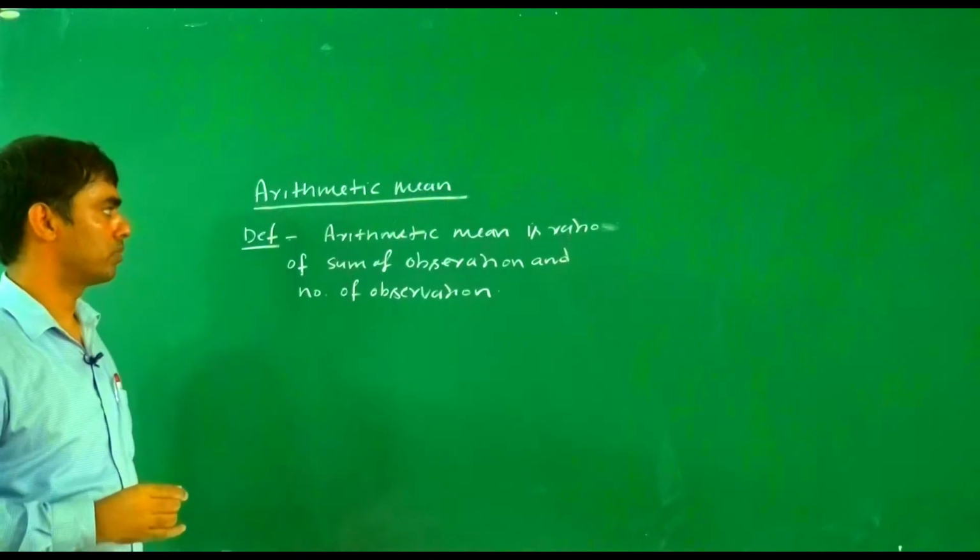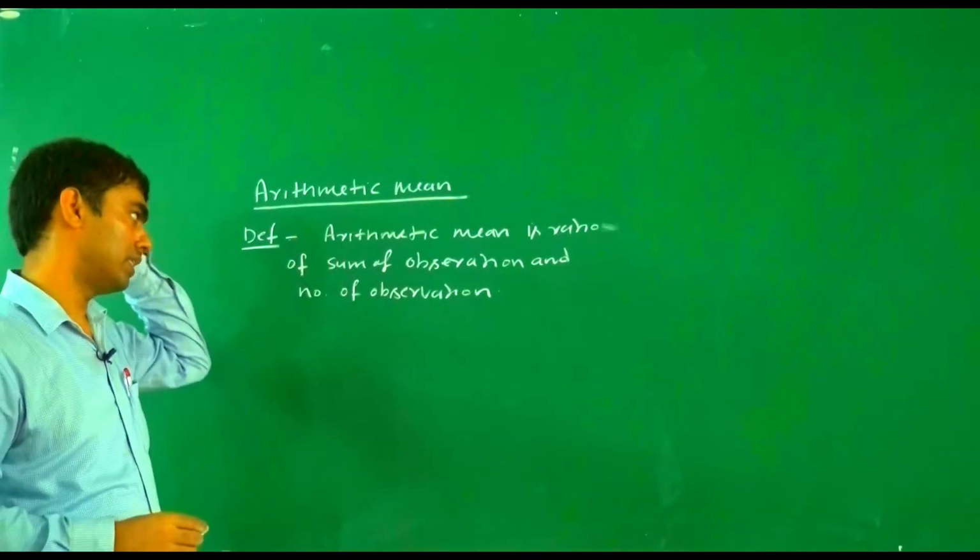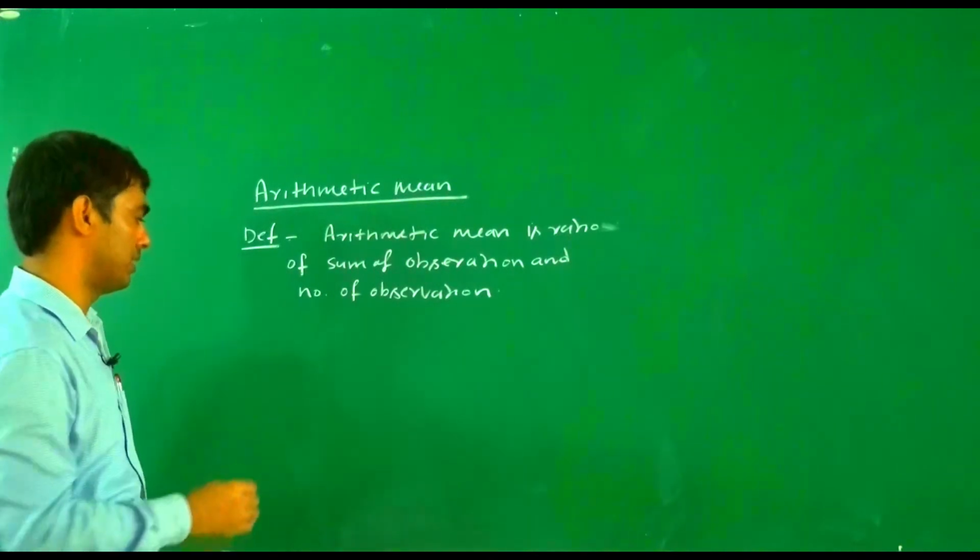What is the meaning of this one? Arithmetic mean is a ratio of a sum of observations and number of observations.